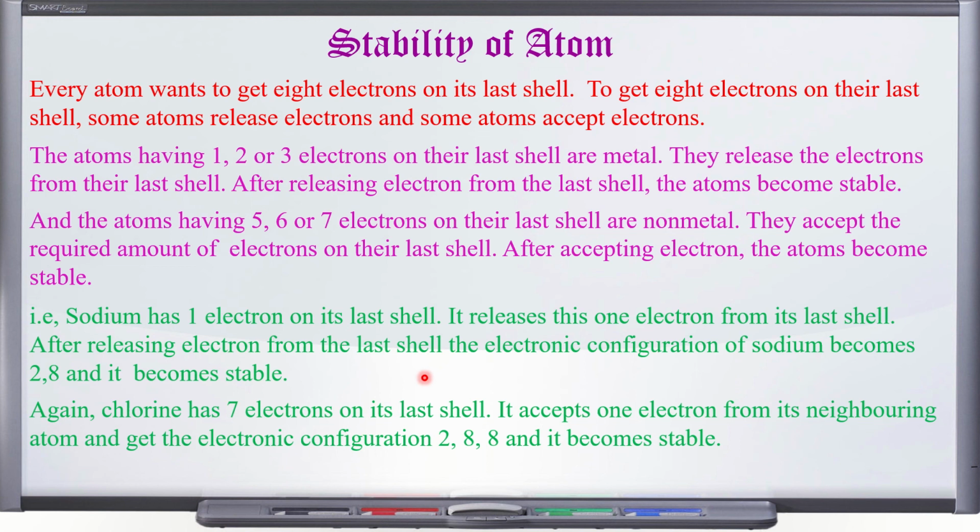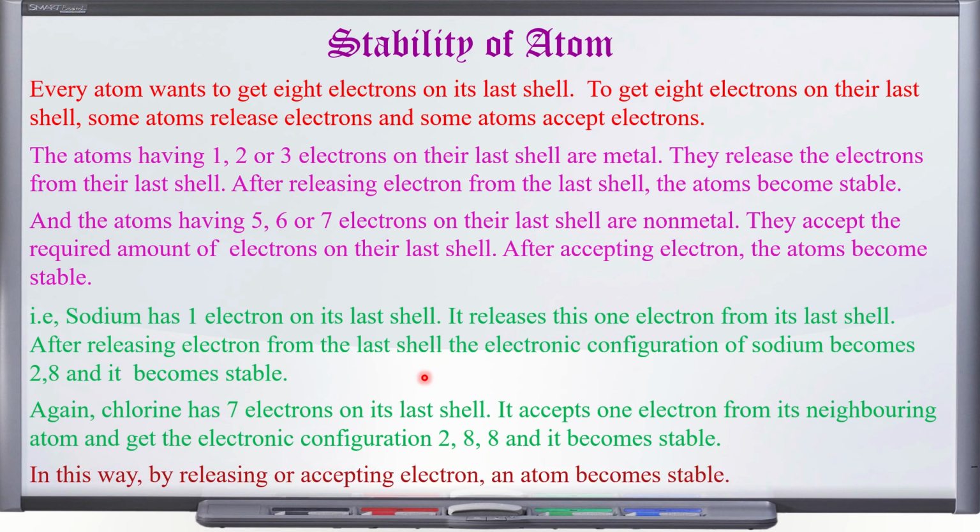You will learn this in the next upper class, that means in standard 9. But the atoms which have 4 electrons on their last shell will also become stable, but not in this way. In this way, by releasing or accepting electrons, an atom becomes stable.